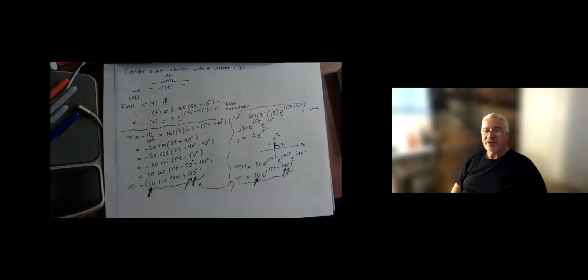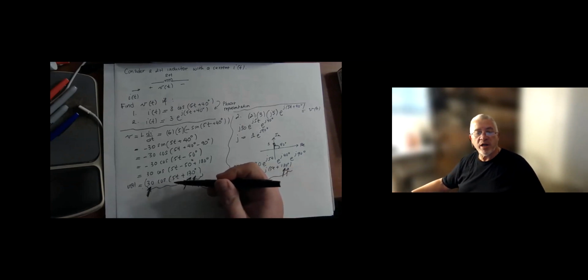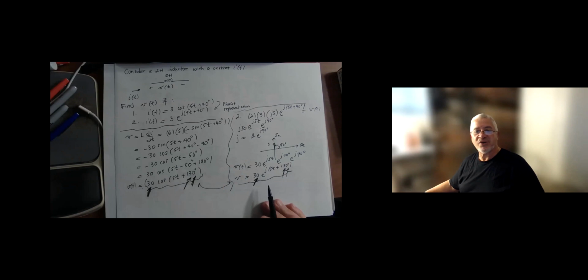So compare these two. I get the 30, the magnitude I need. I also get the phase I need. So I get the same two values that I need in the original problem using this.